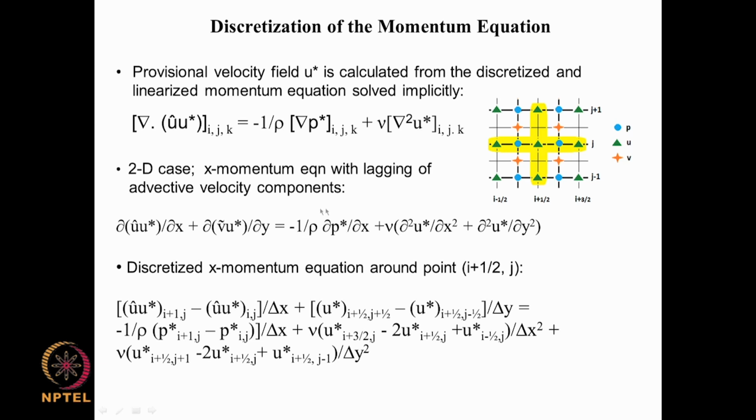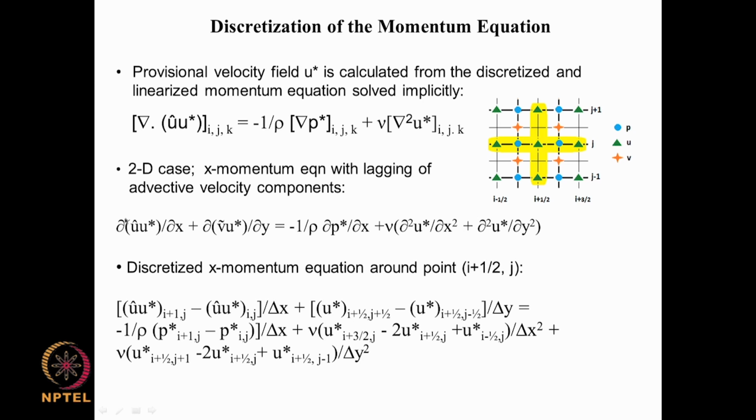So we assume that we know the pressure field, and if the pressure field is known, then this equation can be used to get the velocity. In the case of the x momentum equation, if the pressure field is known so that we can evaluate this dou p star by dou x at any point, then we can discretize the rest of the equation so as to get u star.